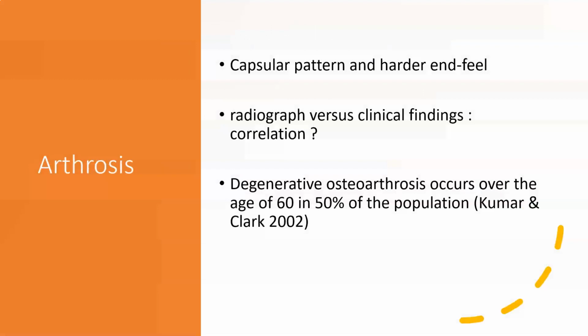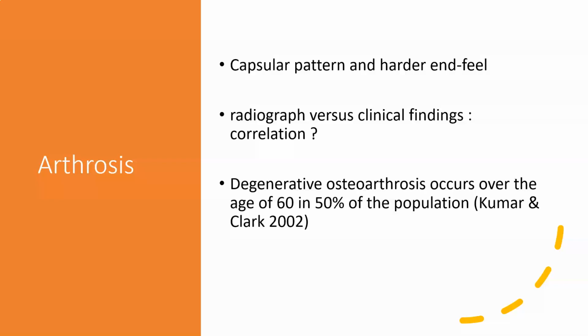And remember that the main elements of the capsular pattern are a limitation of medial rotation, which is bigger than the limitation of flexion. And the function is very important. You can watch a radiograph and see different signs of degeneration, but it's quite possible that the function still is better than what you see on the radiograph.